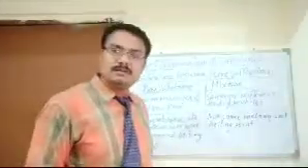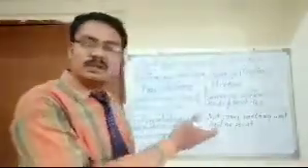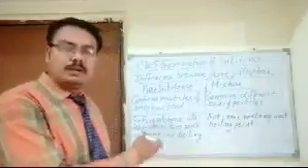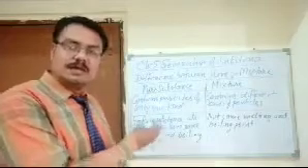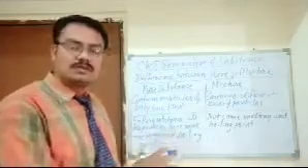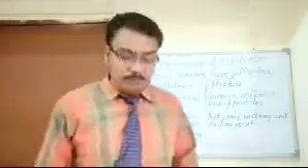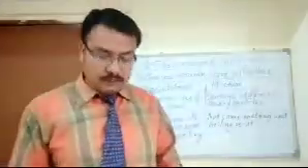Because in a mixture different types of elements are present. That's why it has no fixed melting or boiling point, but here the melting and boiling points are fixed because there is a single element present in the substance. Okay, student? So this is the difference between a pure substance and a mixture.